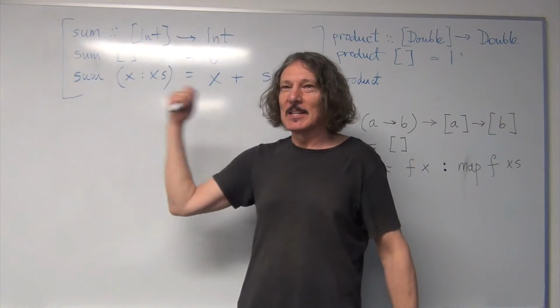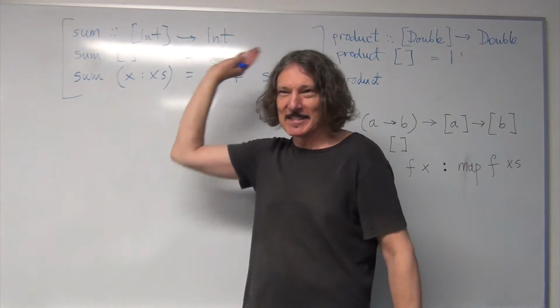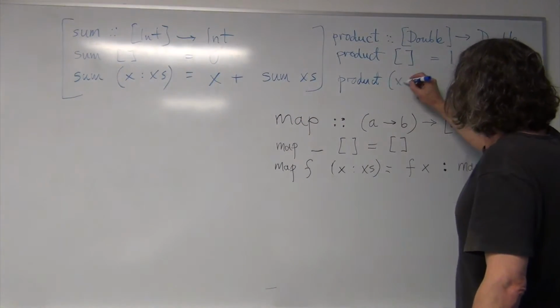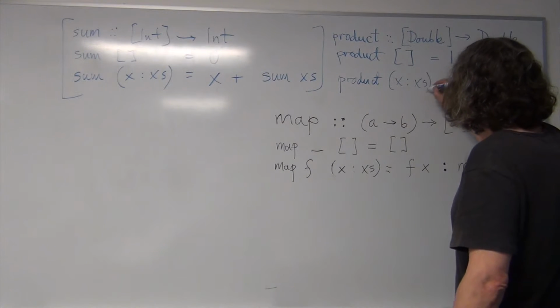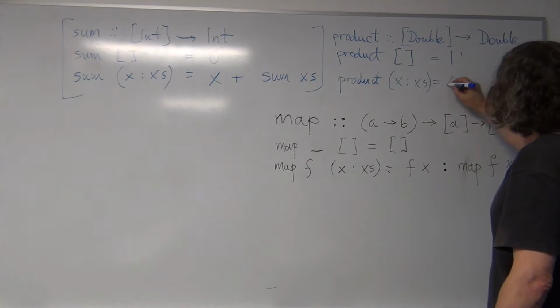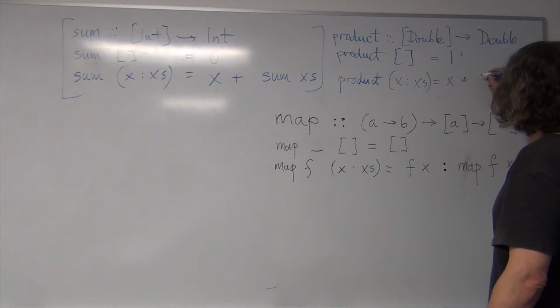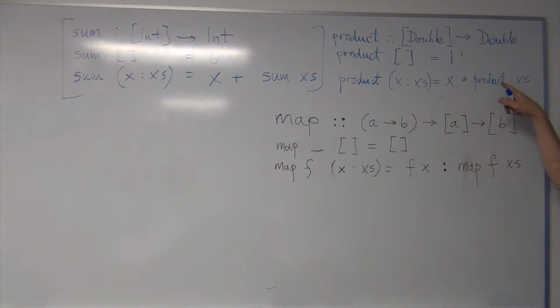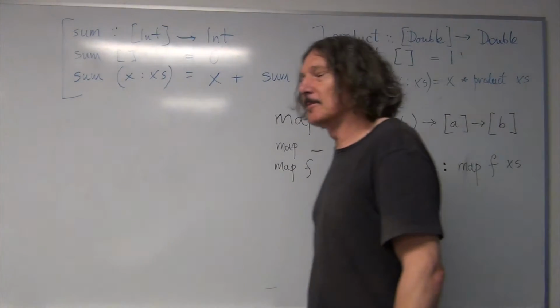And if the product of an empty list were 0, then it would just cancel the whole result, right? So product of x:xs equals x times product of xs, right? And if xs is empty, then this will return 1, so it will be x times 1, and that's what we want.